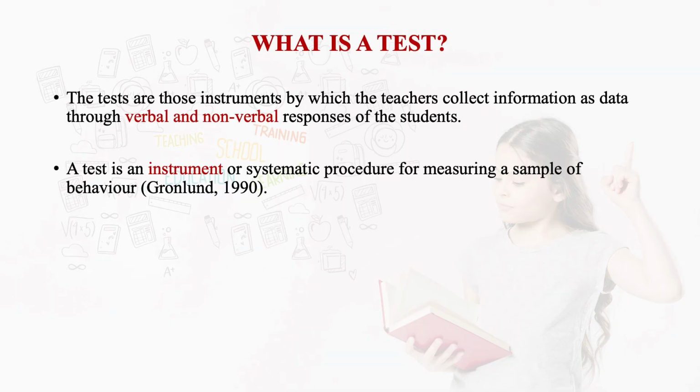And further we can say that a test is an instrument or systematic procedure for measuring a sample of behavior. This definition is given by Gronlund, 1990. Gronlund focuses upon a test as an instrument or systematic procedure for measuring a sample of behavior.